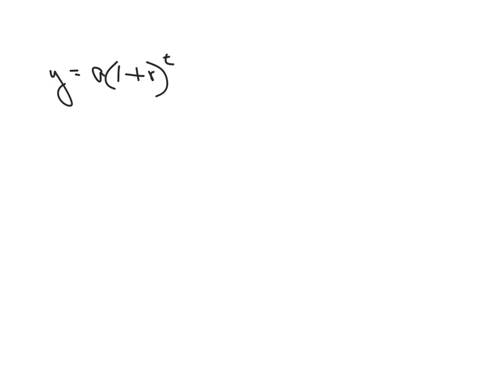Part B says graph that, which you can do with your graphing calculator, putting in your number of years for your x value and your future value for your y value, and it will give you the graph there, figure 5.42.